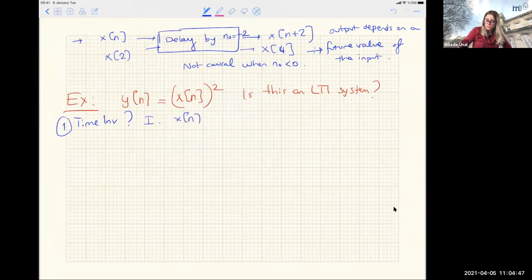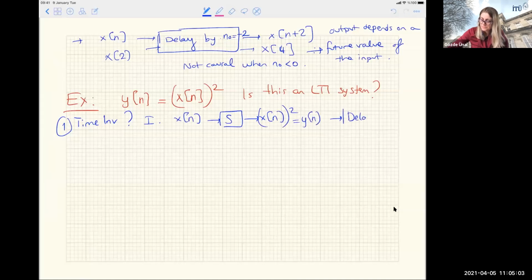Let's say x of n goes through the system, x of n squared, which is equal to y of n, and now goes through the delay by n0. This is really equal to x of n minus n0 squared, right?